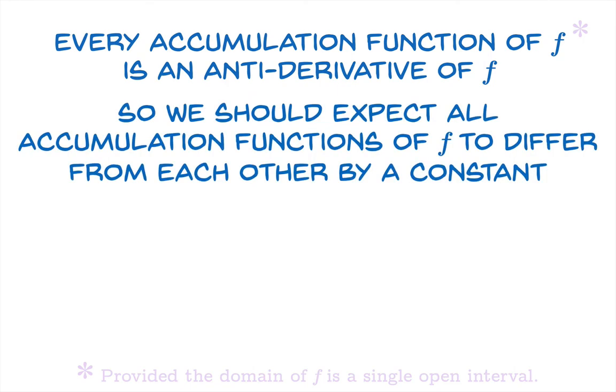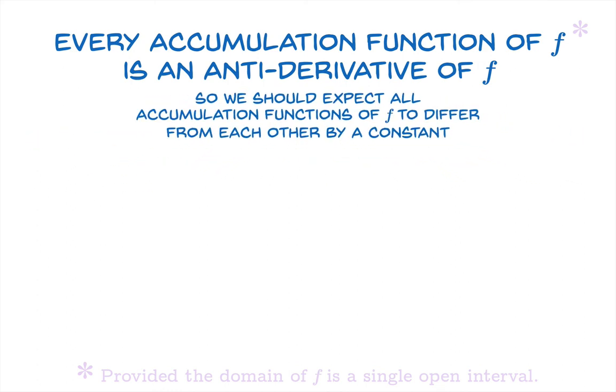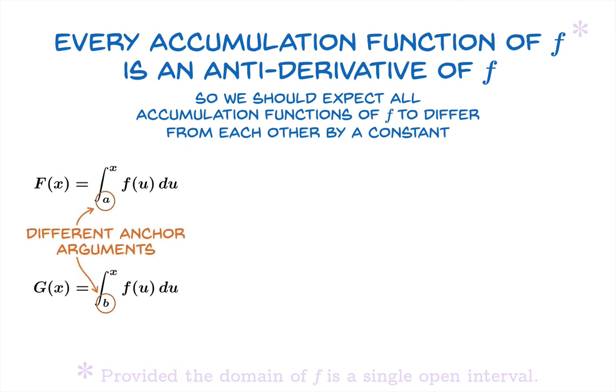So if that's true, we should expect all accumulation functions of f to differ from each other by a constant. If they're all antiderivatives, they should all differ by a constant. So let's look at that calculation. Suppose you built two different accumulation functions from the same integrand, and you just used different anchor arguments. And so you could ask yourself, what is the difference in value between these functions as a function of x? So we'll use the definition of each accumulation.